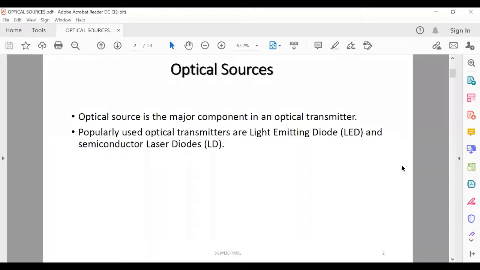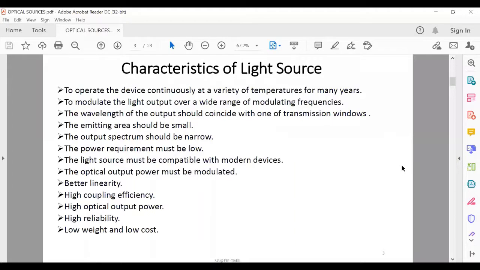There are certain characteristics of these light sources. The first is that it must be useful in an optical link, so there are some characteristics of the light source which we need to maintain.